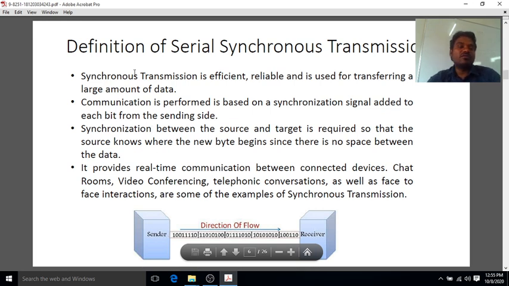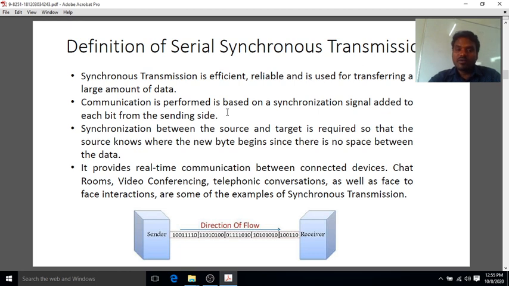As we said in the previous slide, synchronous transmission is very fast compared to asynchronous, because here we have synchronization between the speed of the sender and the receiver, since they use the same clock. So synchronous transmission is effective, reliable, and is used for transferring a large amount of data.